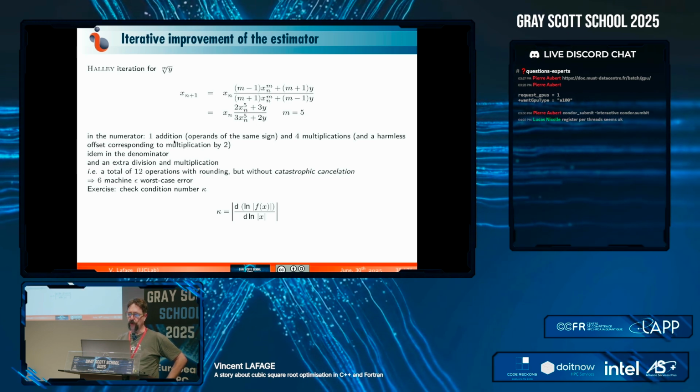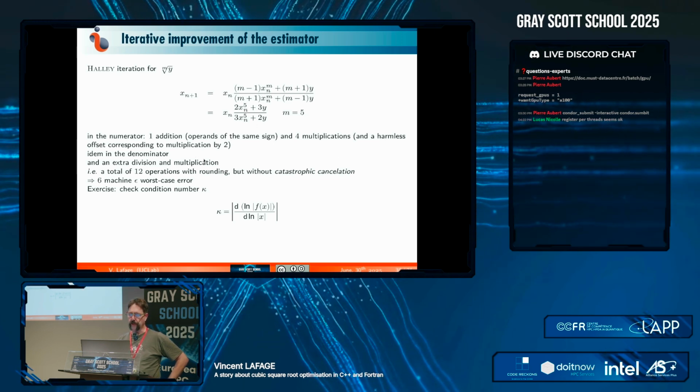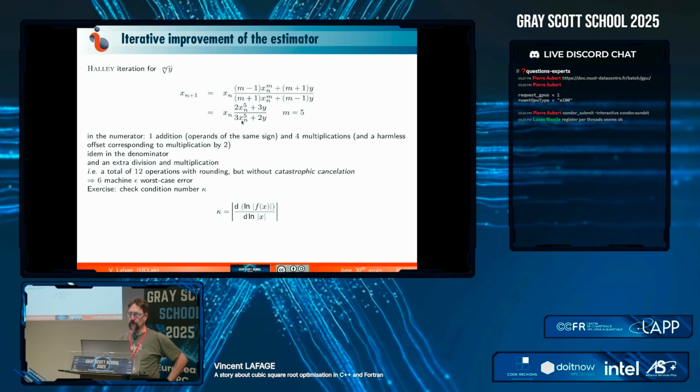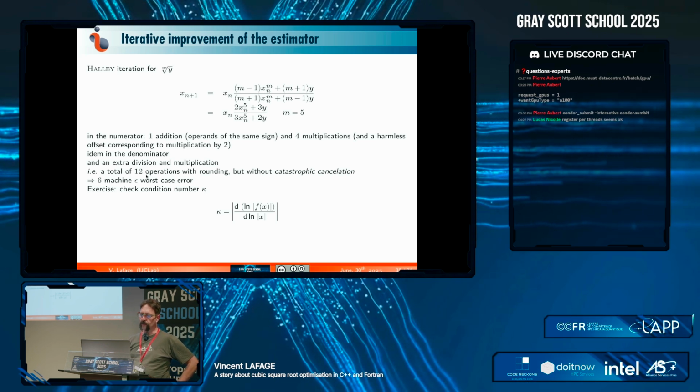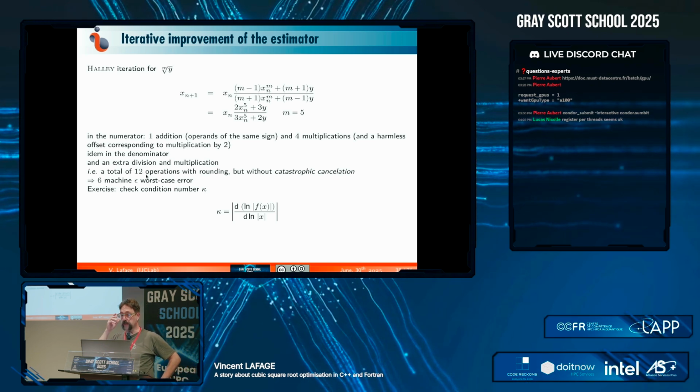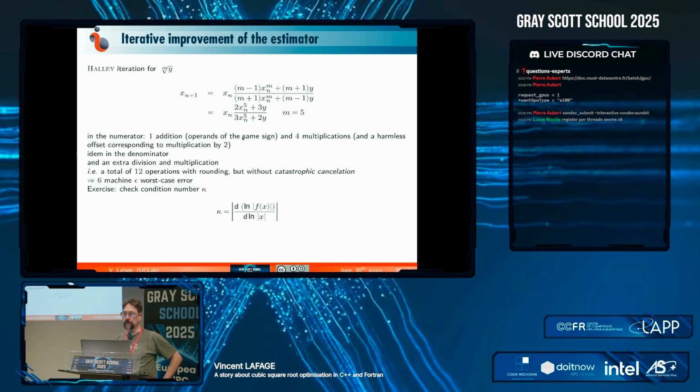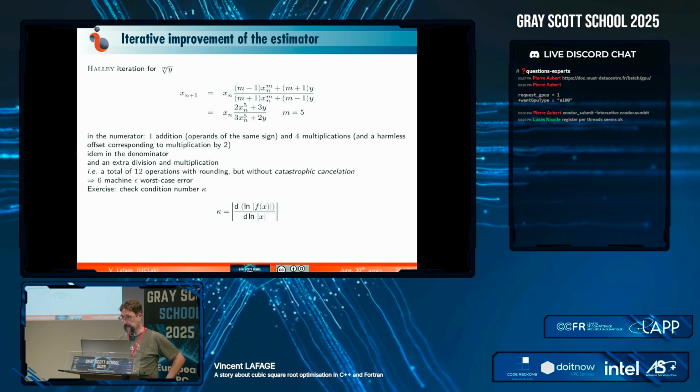So in the numerator, one addition per multiplication. Same thing goes in the denominator. You have an extra division. So in total, 12 operations with rounding, but as you are with positive numbers, you have no catastrophic cancellation.